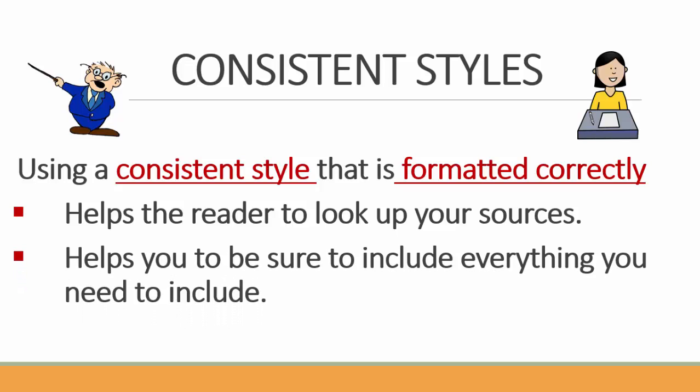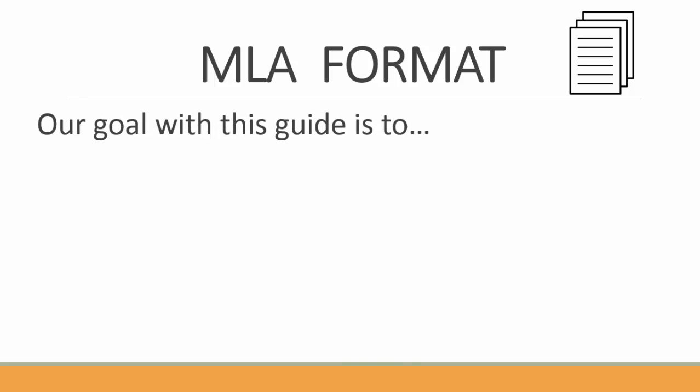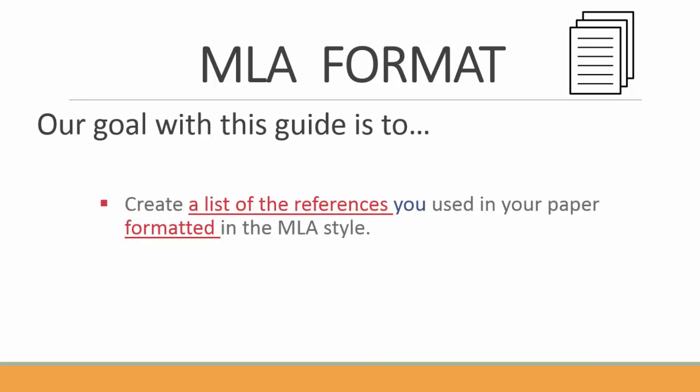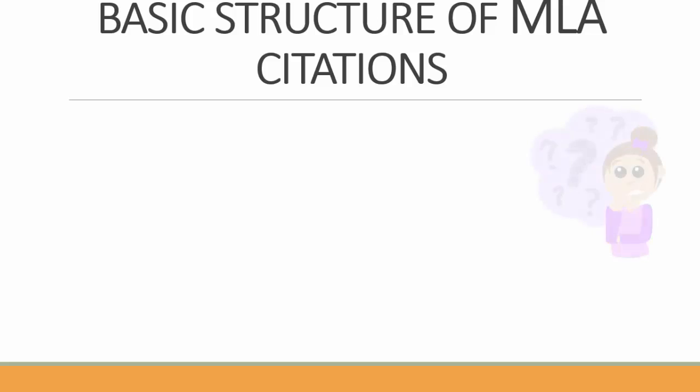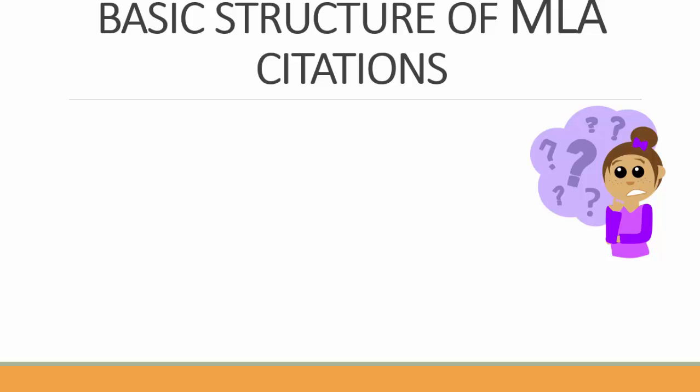This lesson will focus on some basics for learning the style called MLA. We will learn how to create a list at the end of the paper, formatted in the style of MLA, of the references used in your paper. Sometimes, students are confused by the various citation formats required for different types of research sources.